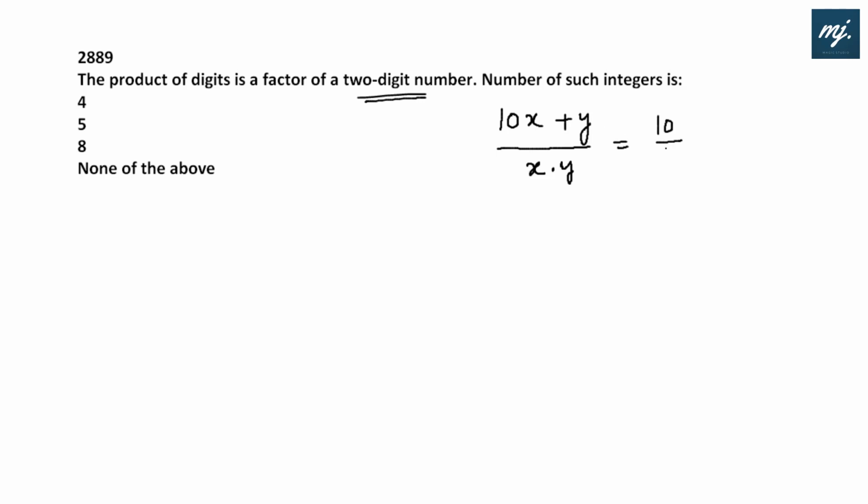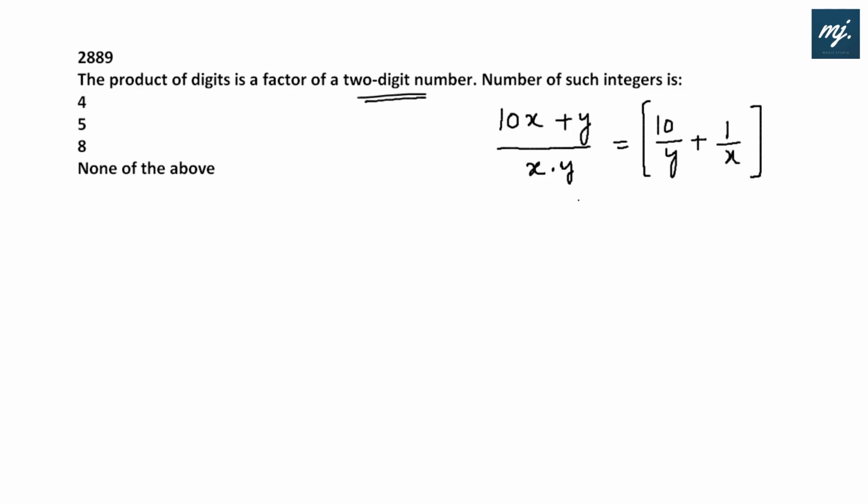I'll get 10 by y plus 1 by x as the return, where x and y are integers. Now we know that this return should be an integer because it is fully divisible. That means there should not be any remainder left.